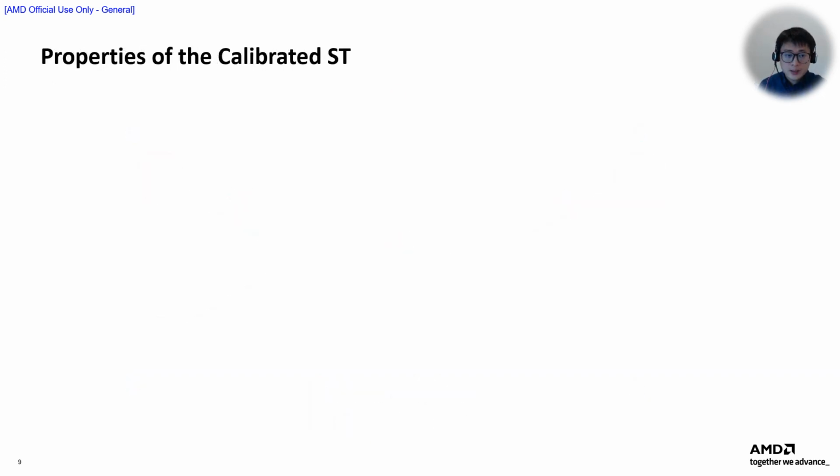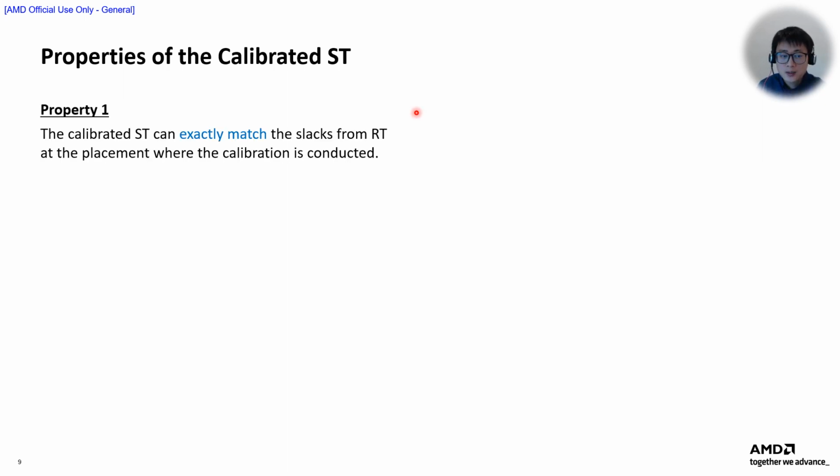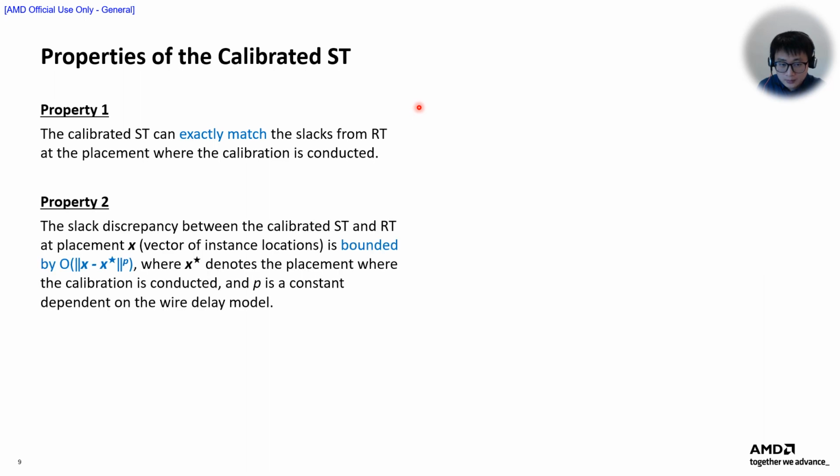There are 3 intriguing properties of the calibrated simple timer. The first one is that the calibrated simple timer can exactly match the slacks from the reference timer at the placement where the calibration is conducted. And the second one is that the slack discrepancy between the calibrated simple timer and the reference timer is bounded by the displacement to the power of p.